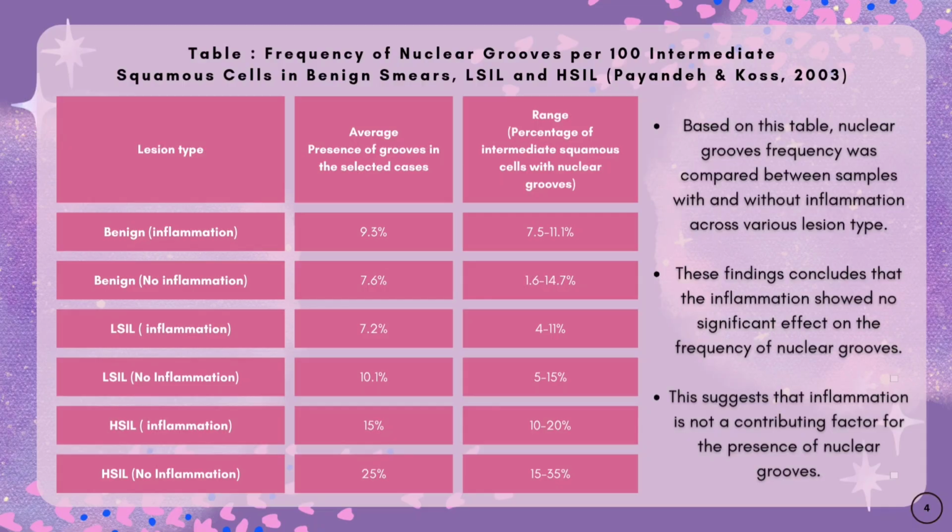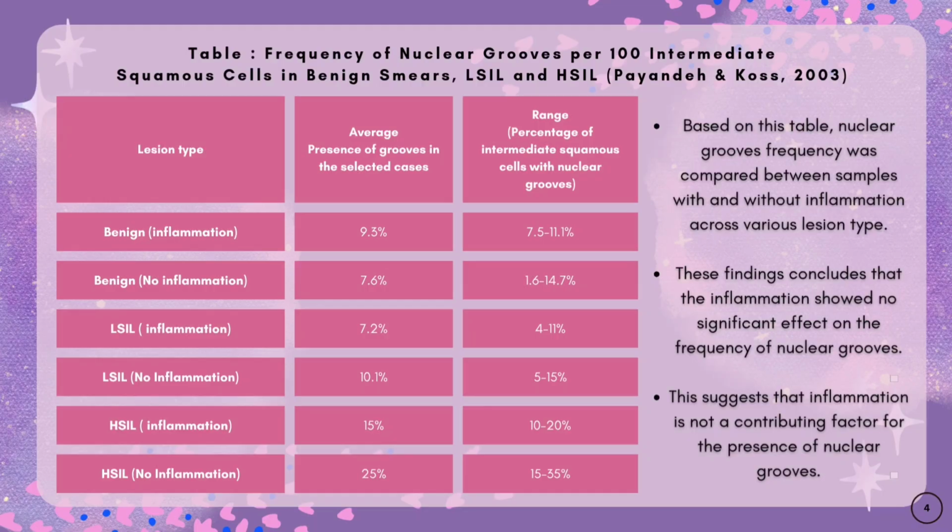But in high-grade smears, especially without inflammation, the percentage of grooved cells was much higher, averaging 25%, with some cases as high as 35%. This tells us that nuclear grooves are much more frequent in high-grade lesions, suggesting a potential link to neoplastic changes.